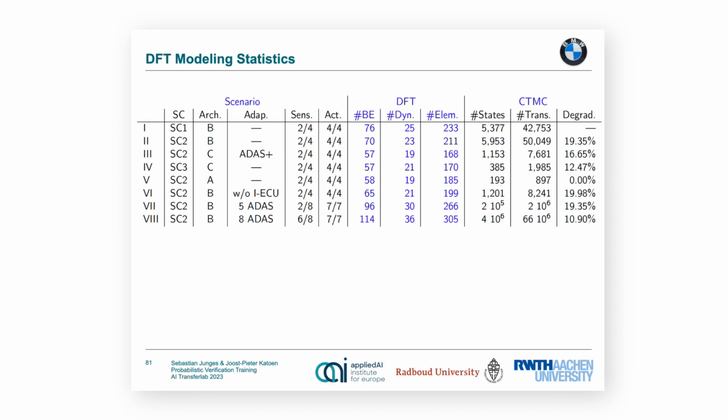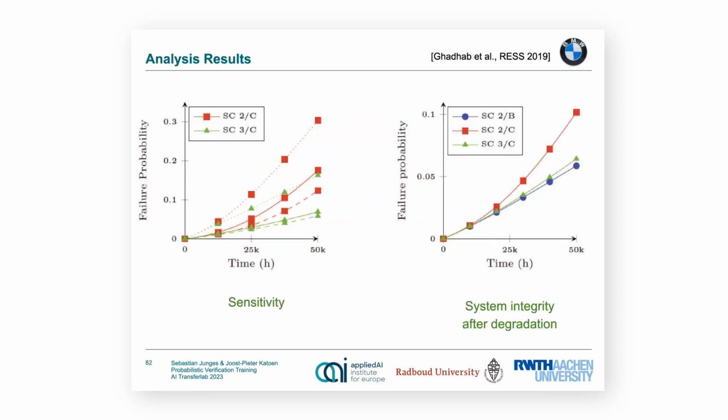Some of them are relatively small, a few hundred, a few thousand states, but we also have larger ones where you basically have 400,000, almost 500,000 states with numbers of transitions. And the last column indicates the percentage of the states that are actually representing the degraded mode in your system. What we did is we analyzed the system for BMW for different system scenarios.